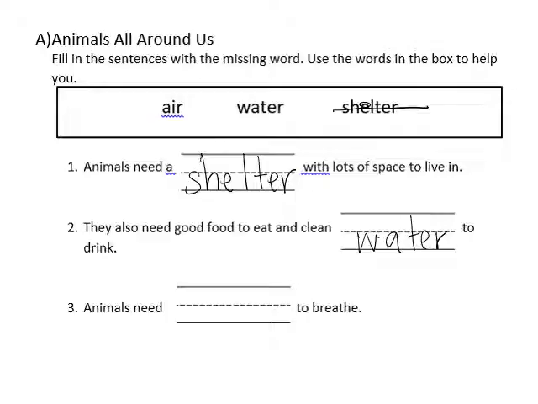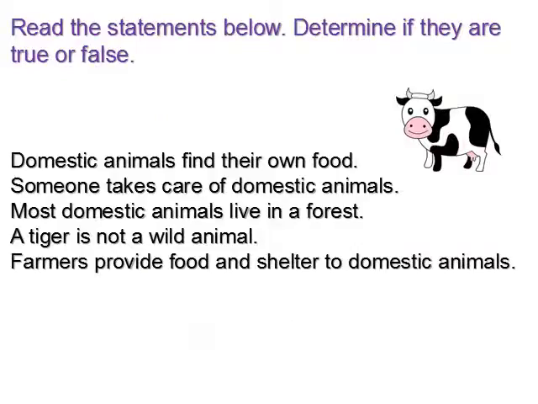Okay. Finally, let me get Zahra Sabra. Animals need what? Air to breathe. Great.